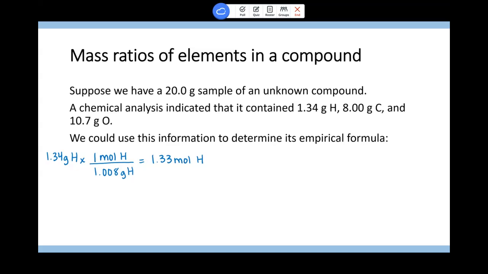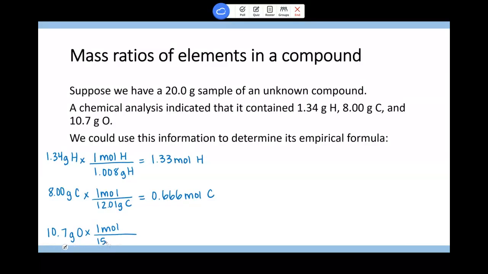We do the same thing for carbon and oxygen. So 8 grams of carbon divided by its molar mass, and then same thing for oxygen, 10.7 grams of oxygen divided by molar mass, 1 mole over 15.999 grams.